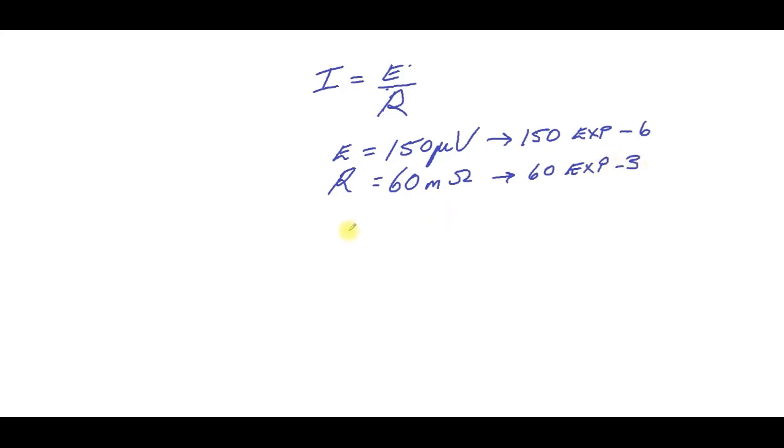So we could say that I equals 150 exponent minus 6 divided by 60 exponent minus 3. So now that you've written it down like that, all you've got to do is put it into the calculator and press equals.